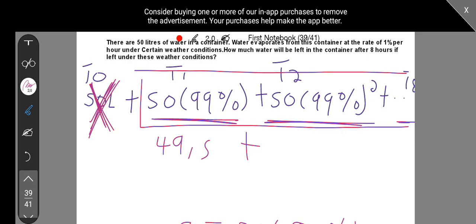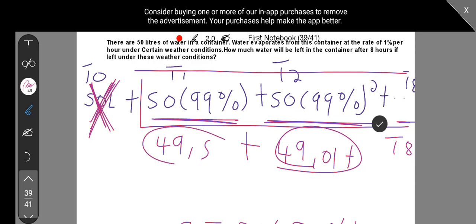It's 50 times 99% squared, and that is 49.01. So at T0 it was 50, at T1 it is 49.5, at T2 it is 49.01. We want to know how much will be there at T8, the 8th hour. At the second hour we have 49.01, after the first hour we have 49.5. It's no longer 50. I hope you understand this.